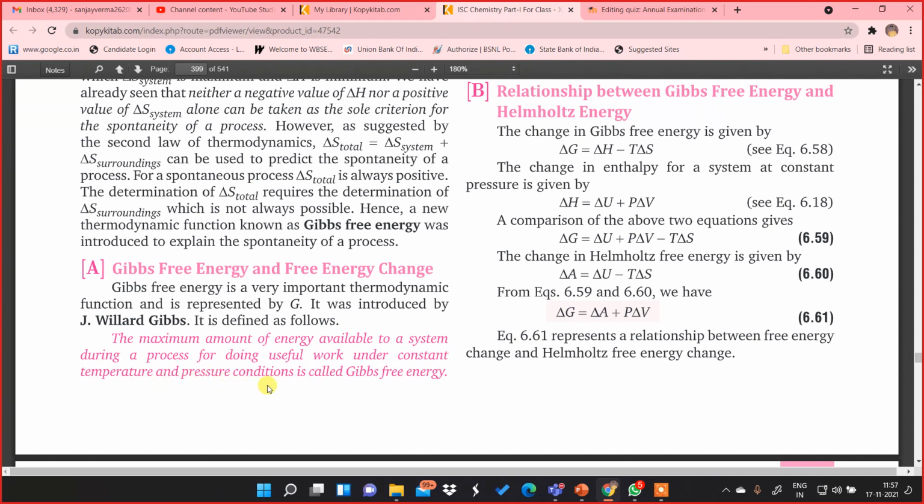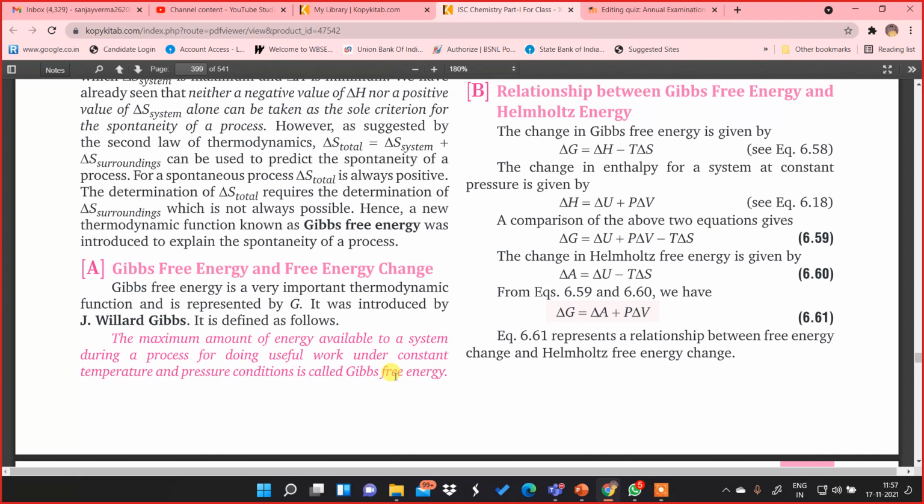It is called Gibbs free energy. So the maximum amount of energy available to a system during a process for doing useful work under constant temperature and constant pressure conditions, it is called Gibbs free energy.